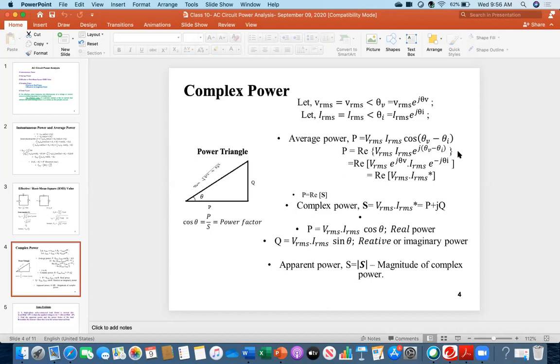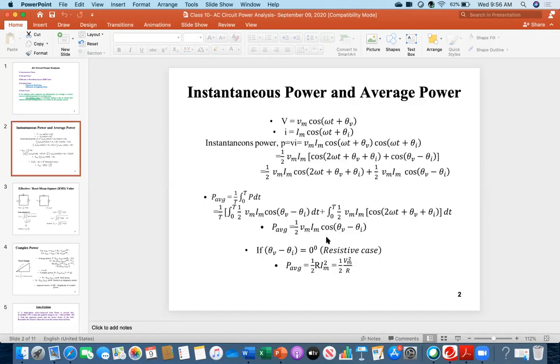So you don't take the imaginary or the sine part? No, I am not taking it, because that is the thing. Everybody look, what was my conclusion here? It is cosine. There was no sine term here. This is my average power in terms of RMS quantity. There is no sine term here.